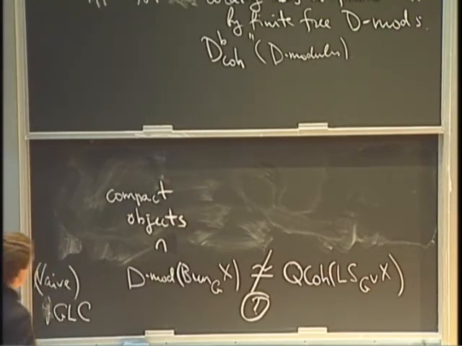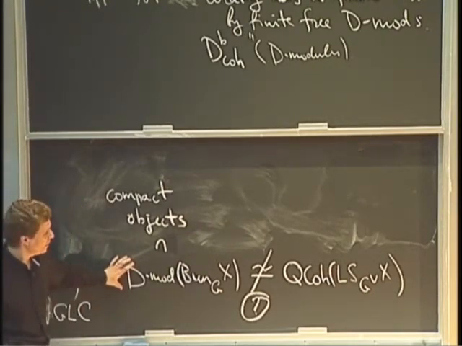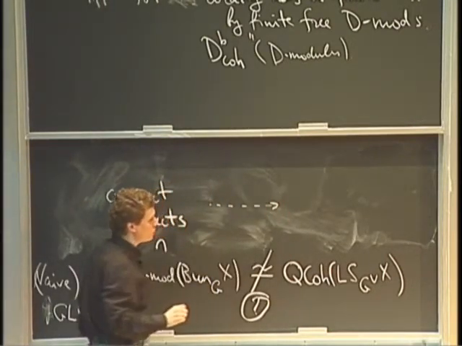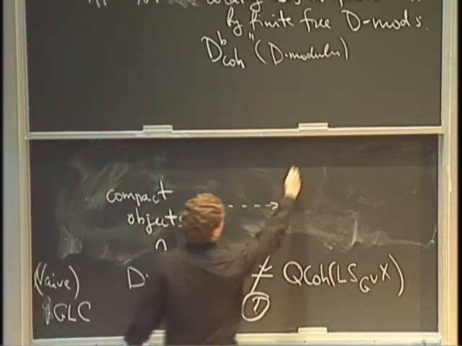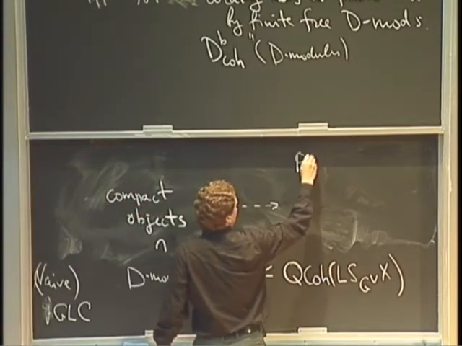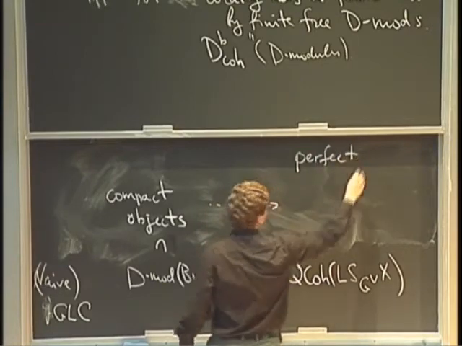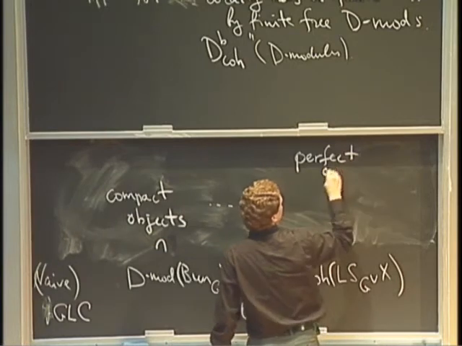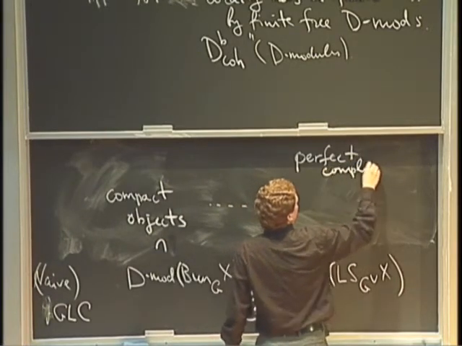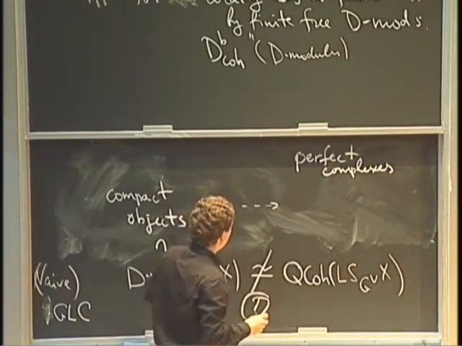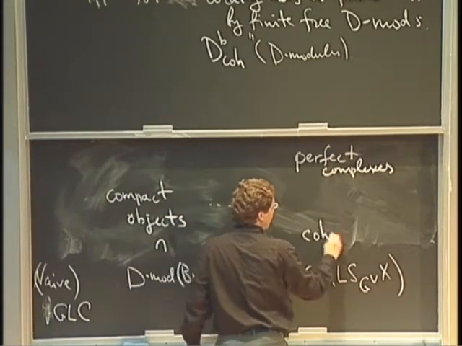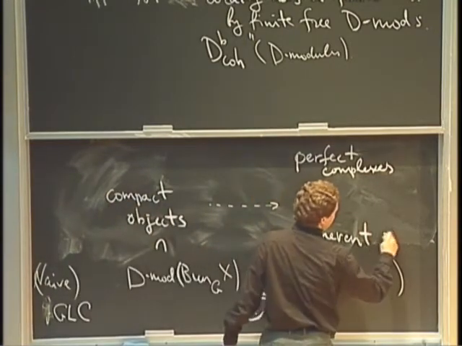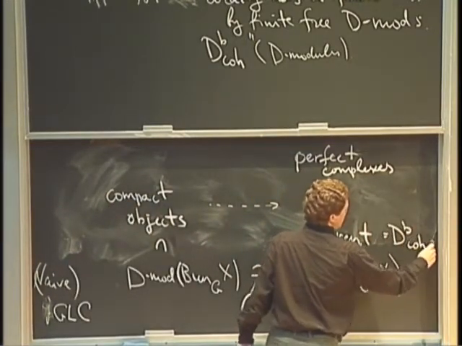So there are compact objects in D modules, and if you try figuring out where they're supposed to go, you don't actually hit the perfect, the subcategory of perfect objects. But you definitely land in coherent, inside coherent complexes.